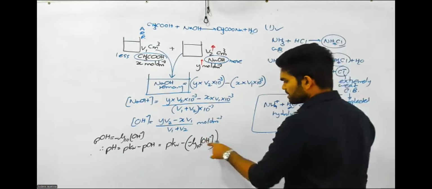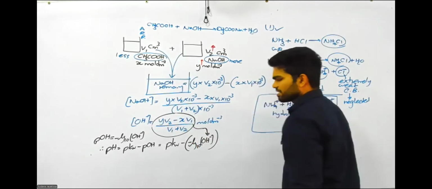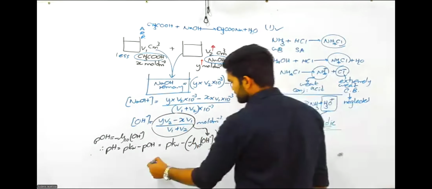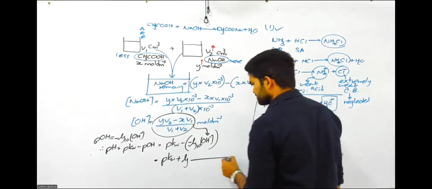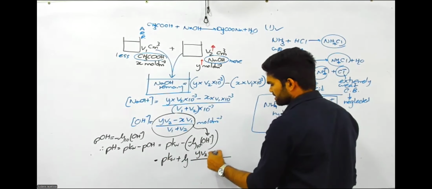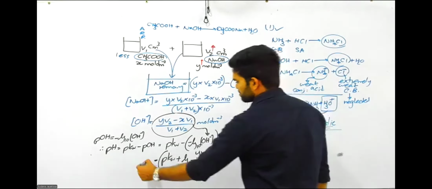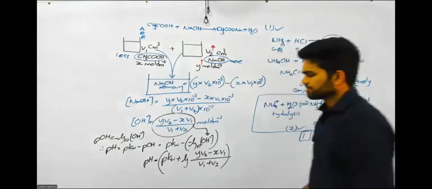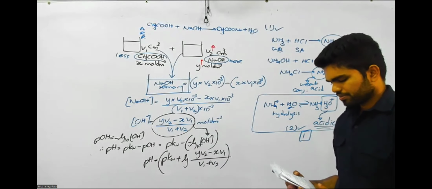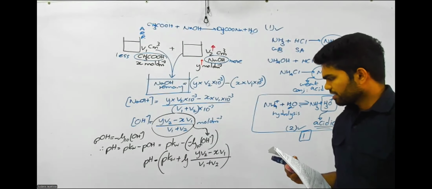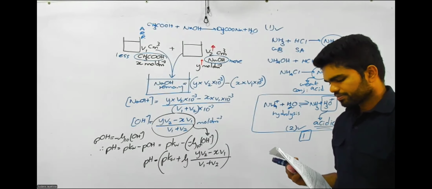Now you can simplify and put this answer here. A difficult question, right? Then what will be the answer? pKw plus log of (V2y minus V1x) over (V1 plus V2). The answer is option 2.